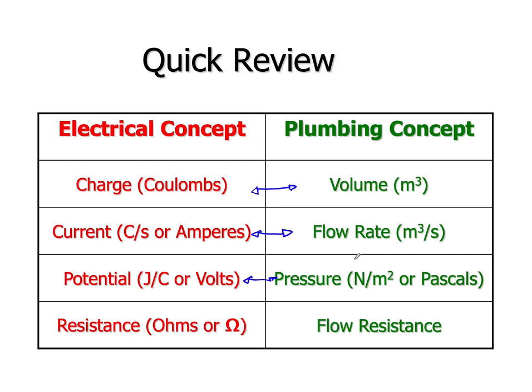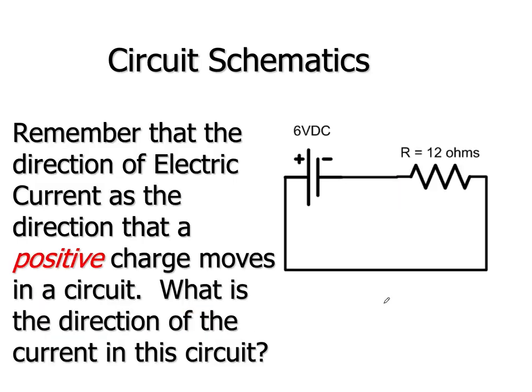Turns out they're exactly equal to each other. So divide both sides by meters, you'll end up with that, or pascals. And so electrical potential is exactly like pressure on this one. And resistance is like flow resistance in a plumbing circuit. Unfortunately, plumbers don't have an analogy for ohms. They just call it flow resistance. And it's the big idea on this one.